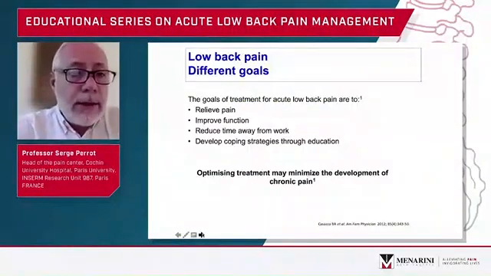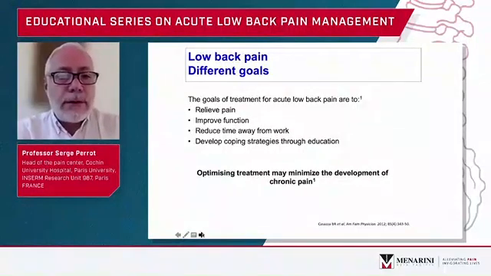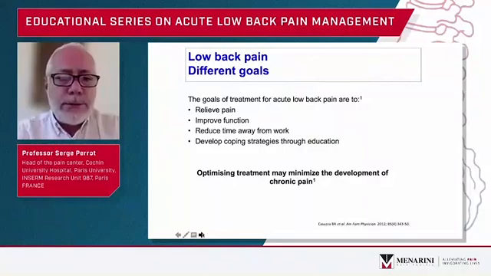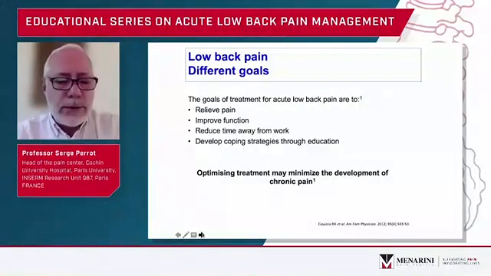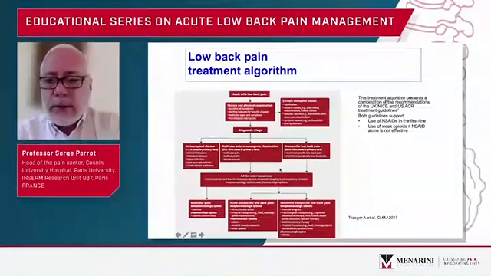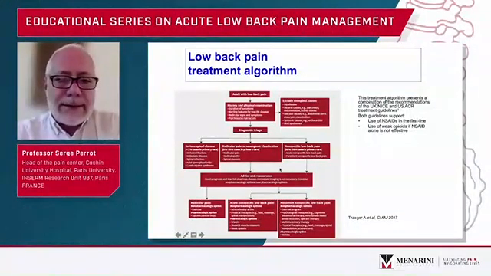So in back pain, the goals of treatment are to relieve pain, to improve function, also to reduce time away from work. And that's why we should use very effective treatment. Here is a low back pain treatment algorithm that has different parts. The first part is the diagnostic triage, using the flags, as we mentioned before.